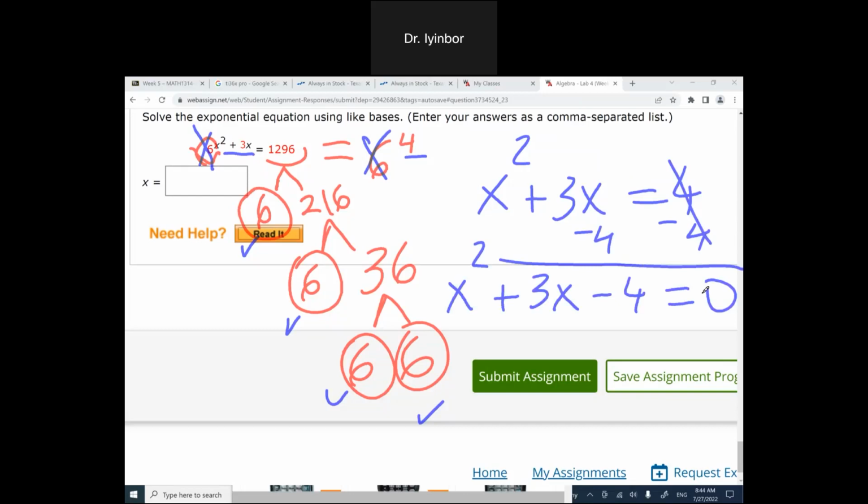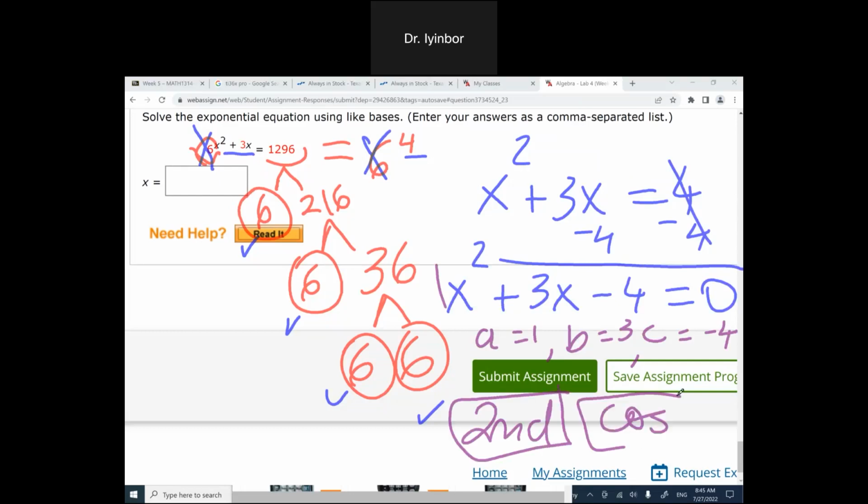And then after that I'm going to get ABC. So a is in front of x squared, so a is 1, b is 3 and c is -4, and then you press on your calculator second and cosine, and then plug in ABC, and when you go to solve, press enter, and you're going to get x1 equals 1 and x2 equals -4.